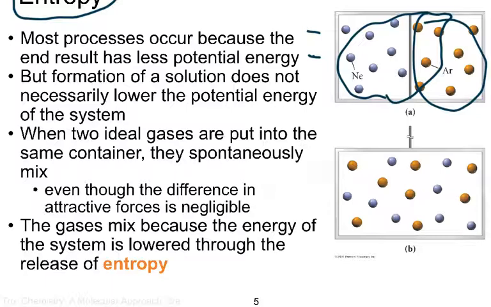But you know from experience that if you get rid of this divider, the two gases are going to mix together. So the difference in attractive forces is negligible. There's no difference in potential energy. But the reason they mix is because of entropy, nature's tendency towards mixing, towards disorder, and that lowers the energy of the system.